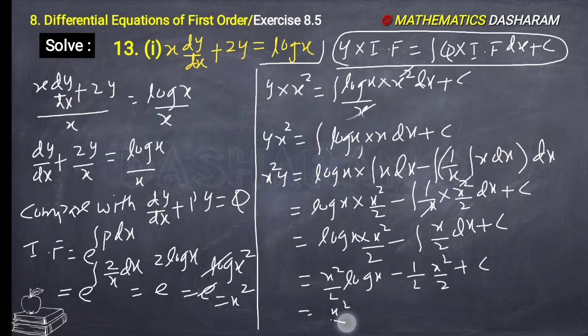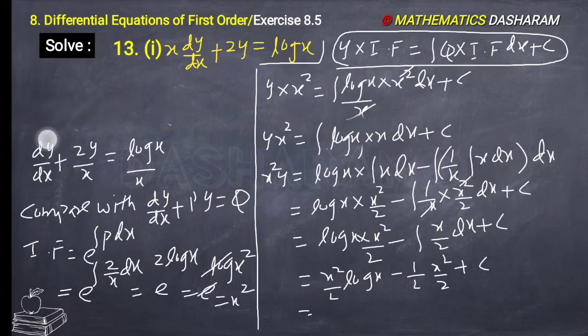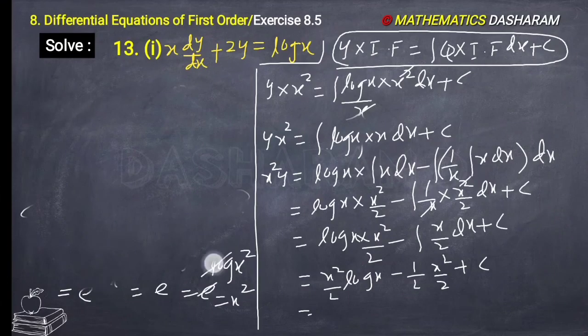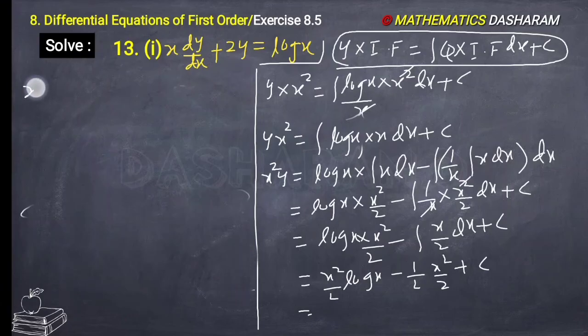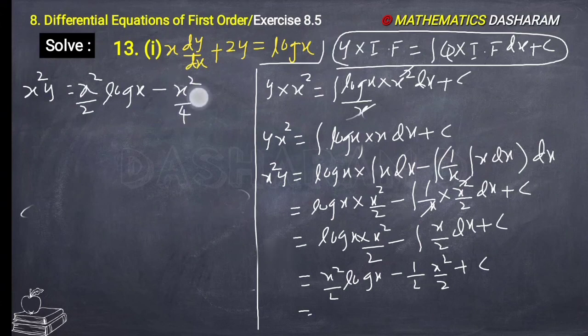So x square by 2, so x square into y equals x square by 2 into log x minus x square by 4 plus c.